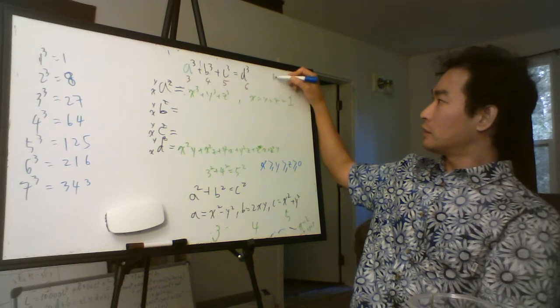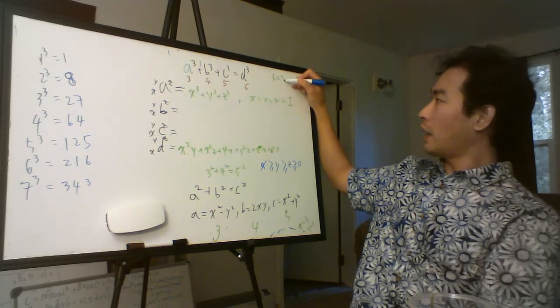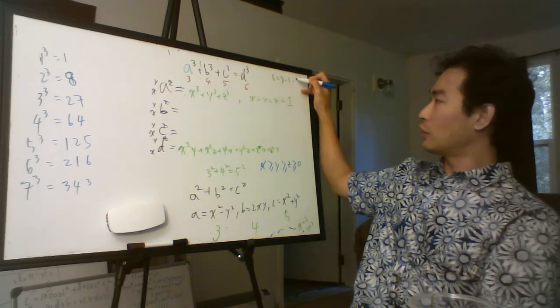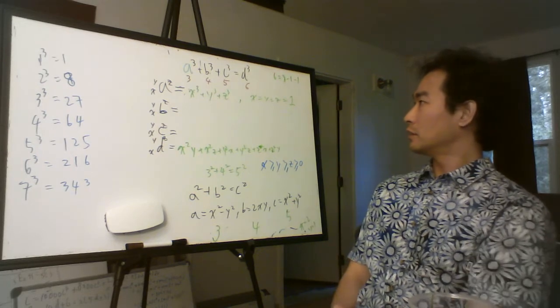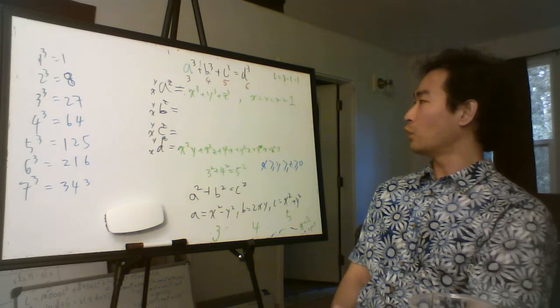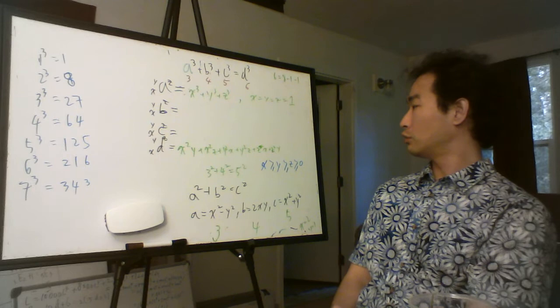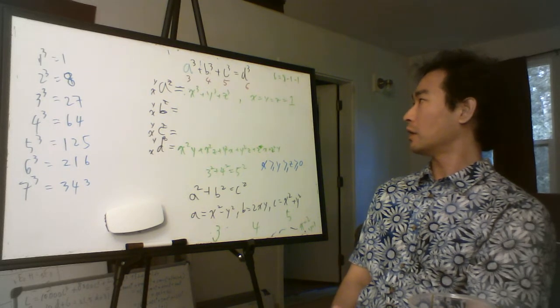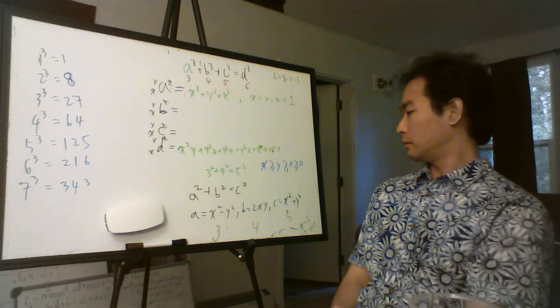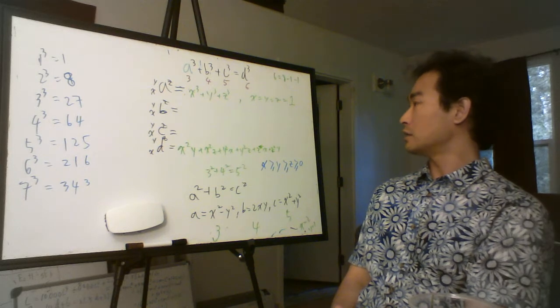Okay, 6 is equal to 8 minus 1 minus 1, right? So what if x and y are 2 and z is 1? I mean, x is 2 and y and z are 1.